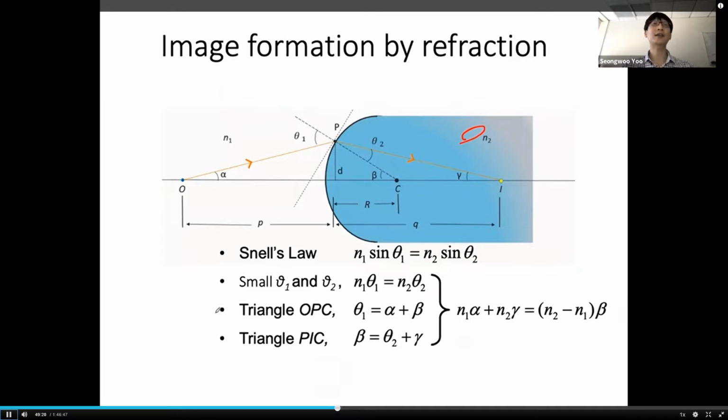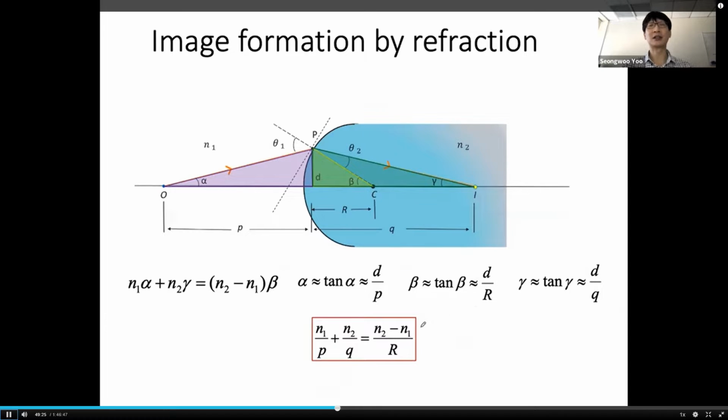That equation can be derived using geometric optics, and this is the final derived equation. The derivation is explained in the LAMS videos, all right? Here N1 is the refractive index where the object is present, N2 is the index of the second medium, and R is the radius of curvature. Those P, Q, R signs will be defined according to the sign conventions, all right?